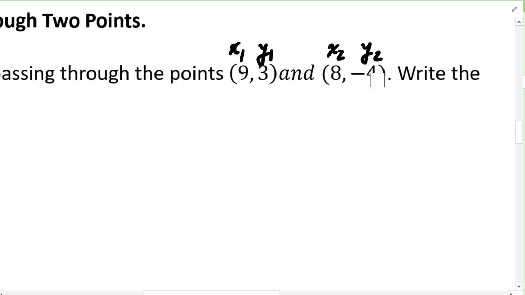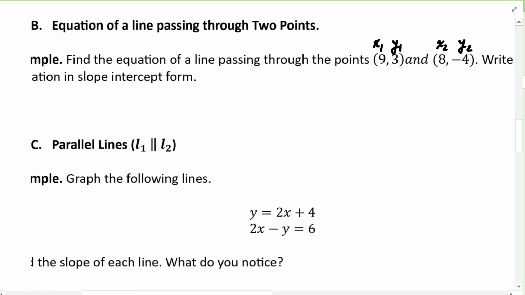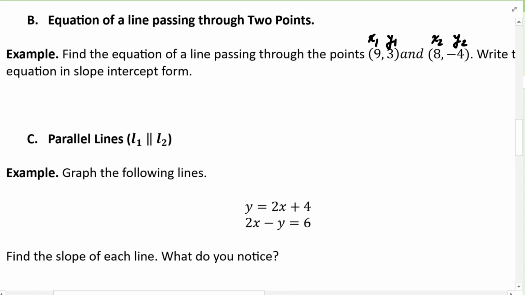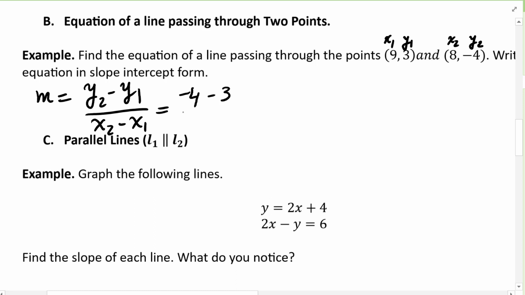And we know from the previous lectures that if I have these 2 points, I can immediately find the slope, right? m equals y2 minus y1 over x2 minus x1. So we get negative 4 minus 3 over 8 minus 9. So we get negative 7 over negative 1, which is 7. So that's the slope.